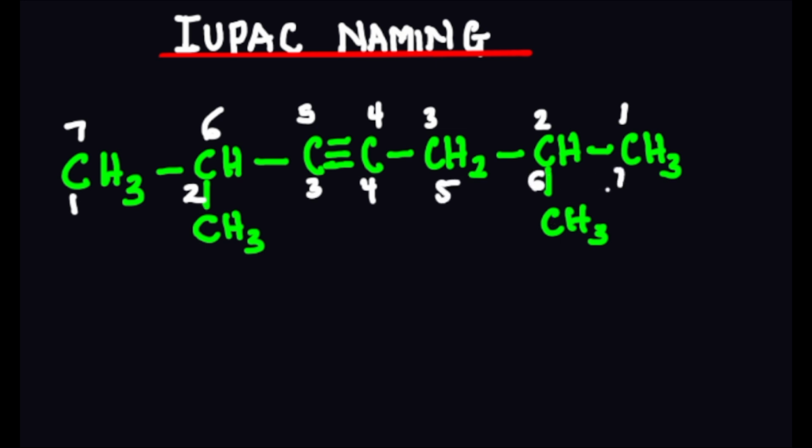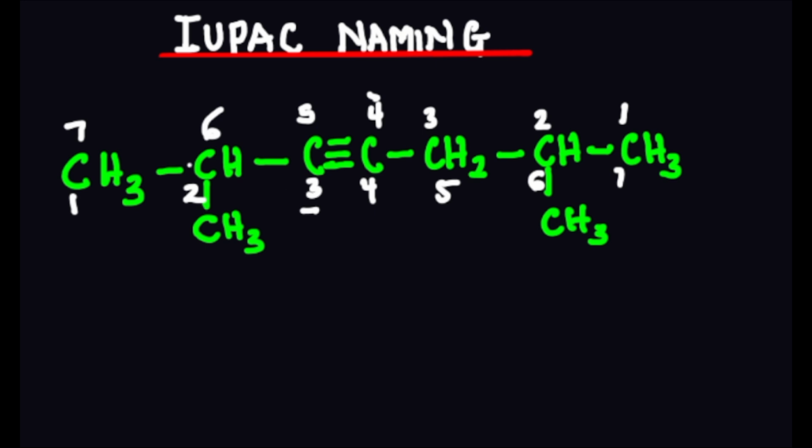If you go ahead and number forward, the triple bond falls between 4 and 5, right? That's actually where the triple bond falls. And if you number backward, the triple bond falls between carbon 3 and 4. So we prefer carbon 3 because it's the lowest compared to carbon 4, right?